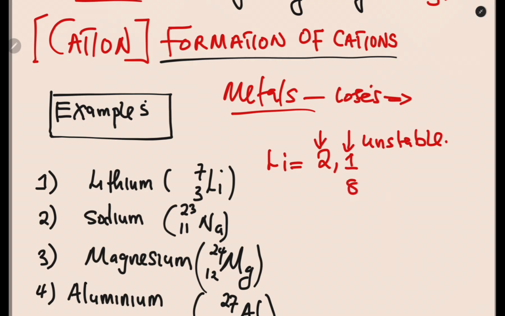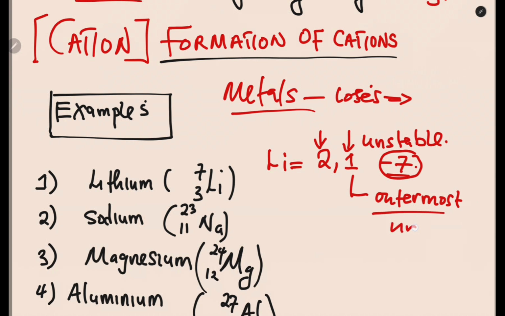The required number of electrons here is 8, but it only has 1, with a shortage of 7. So long as the outermost shell, the shell on the outside, is unstable, the atom will act in a way to gain stability.